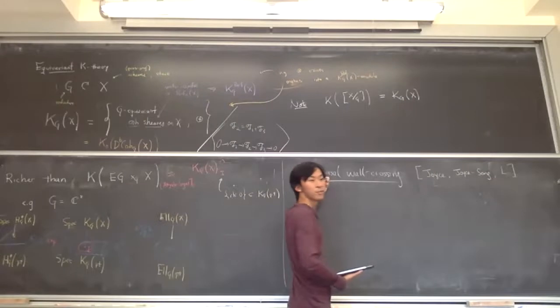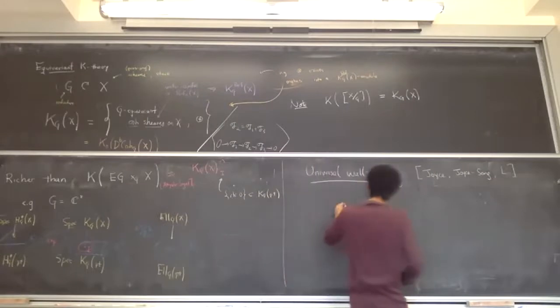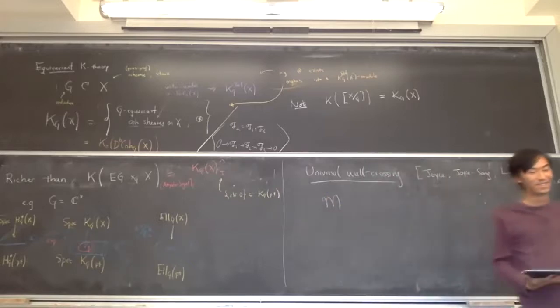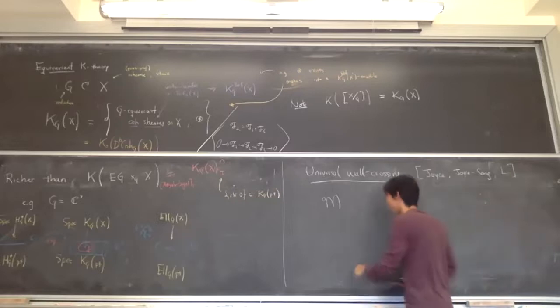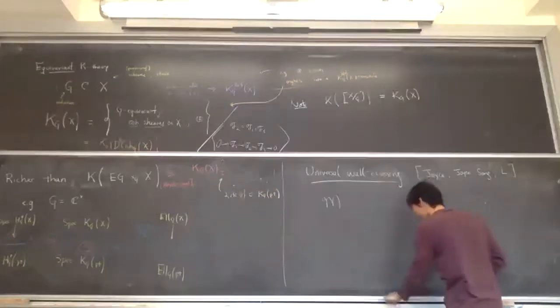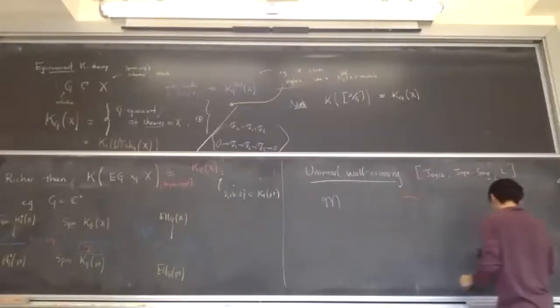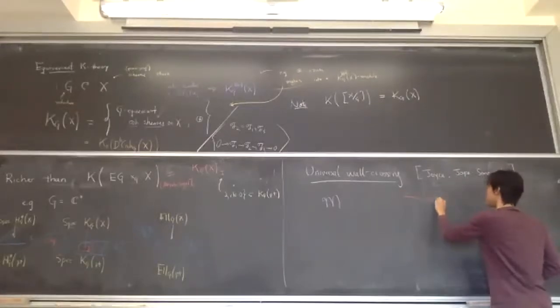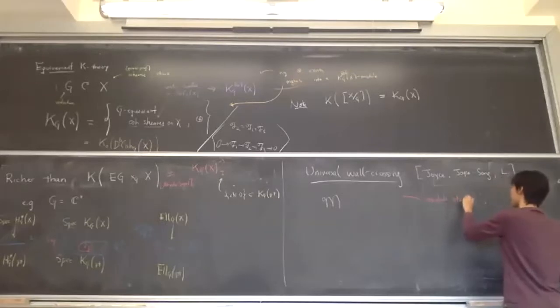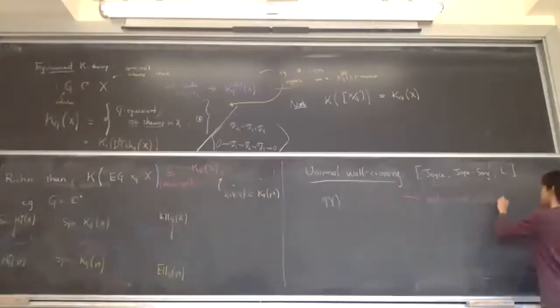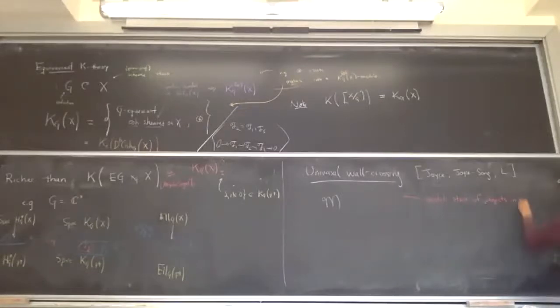Okay, so what's the setup? Here you have the word universal, so you should imagine that the setup is really general. You're going to start off with a stack, M. And what's the stack going to be? The stack is going to be the moduli stack of objects in an abelian category A. Here A is some category which we'll take to be C-linear, abelian.